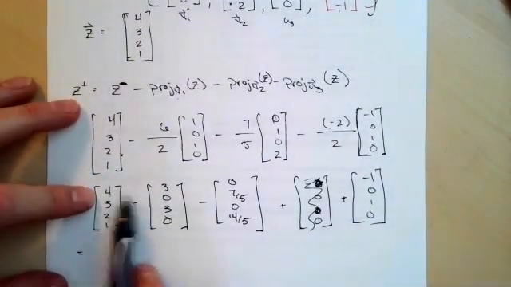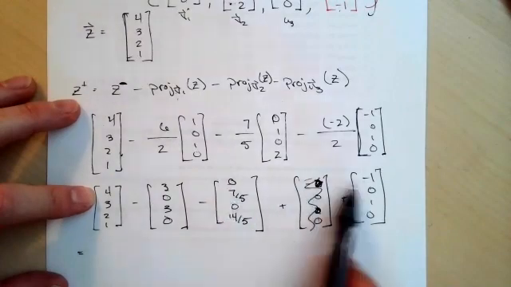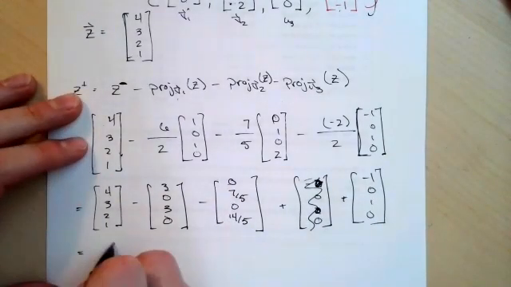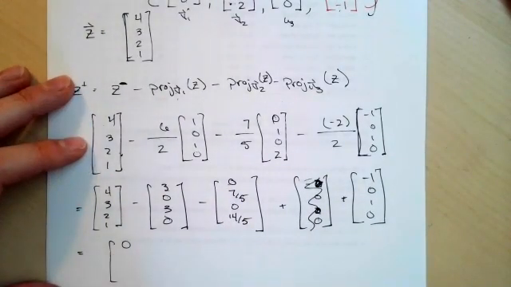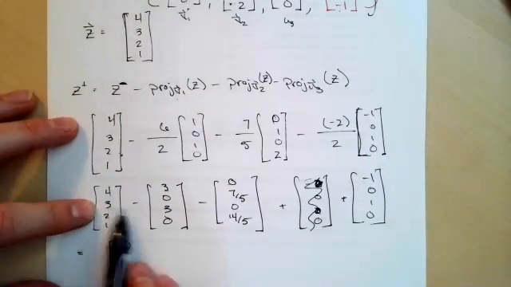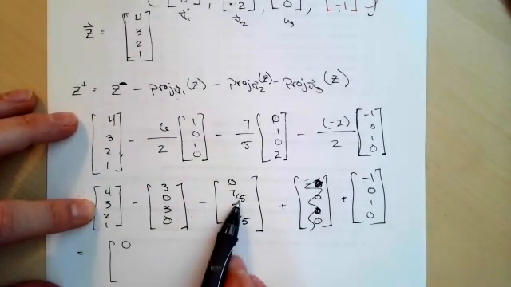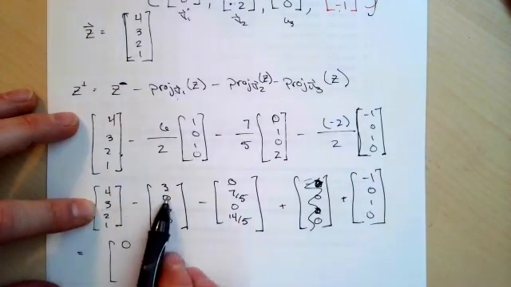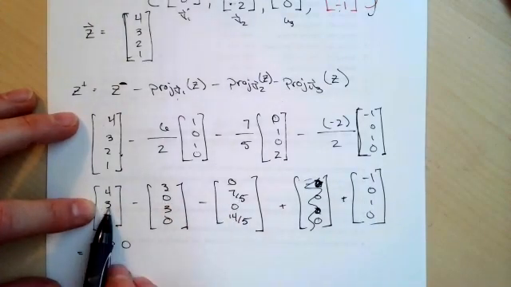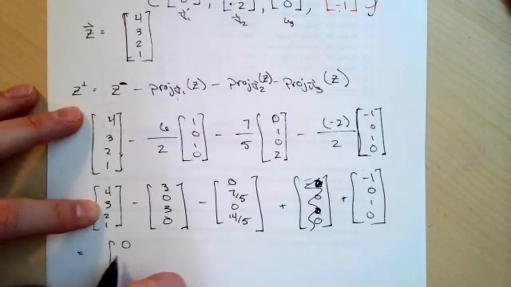So what do we get? 4 minus 3 minus 0 plus -1 gives us a 0 there. 3 minus 0 minus 7/5 plus 0 is going to give us 3 minus 7/5. So that's 15 minus 7, 8/5.